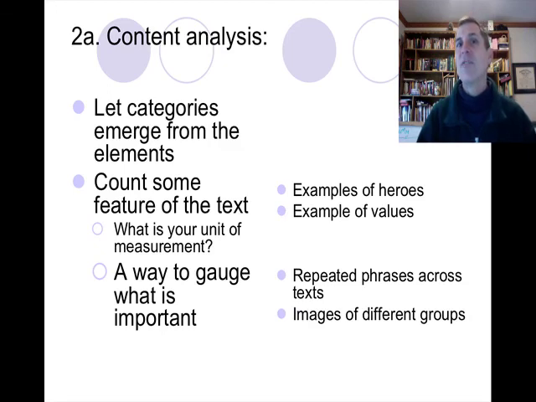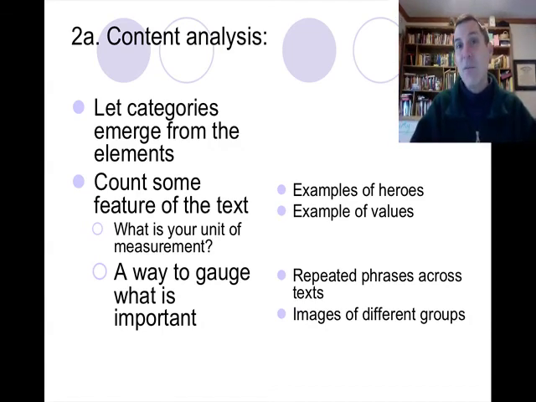So paying attention to images that are present or that are not present. So are there pictures, for example, of not just employees, but of customers? If customer service is part of the text, what are they doing with images as well? So you're trying to determine what you can learn about the organization from this text with content analysis, and letting that emerge naturally.